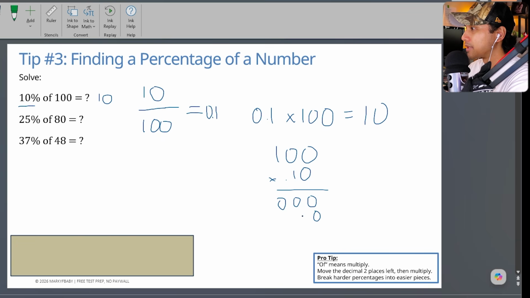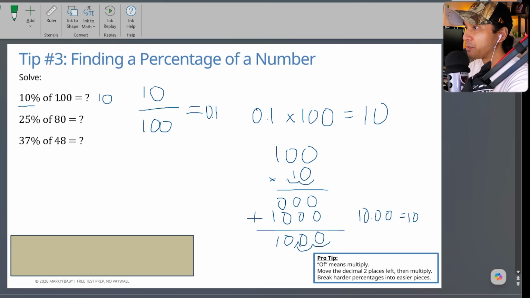What is 1 times 0? 0. What is 1 times 0 again? 0. What is 1 times 1? 1. Let's add these two together. 0, 0, 0, and then 1. Move the decimal spot 2 times, and we go 2 times again, and then we get 10. 10.00, or just 10. And that's how you get 10% of 100, the long way.